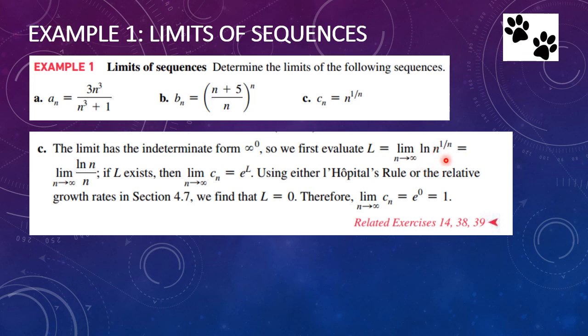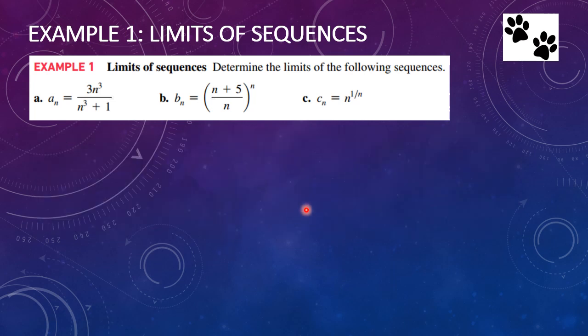This equals the natural log of n over n, by bringing the power down in front. And since we're taking the log, the actual limit is going to equal e to the power of L in this interim step that we've created. Again, once we've used L'Hopital's rule, or the relative growth rates, we can find that L equals 0.